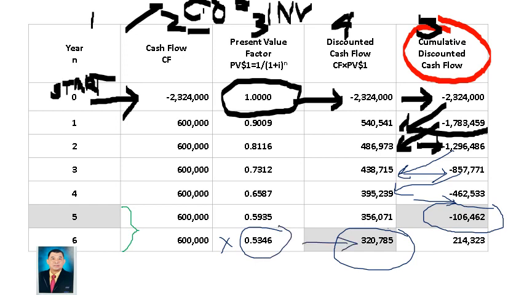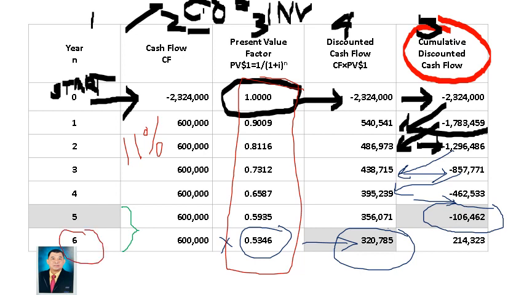All right. So now, let us determine where we got this factor. The given is 11% for 6 years. So we are going to refer to the table at 11% and 6 years.